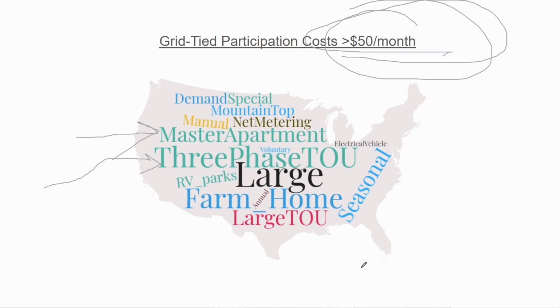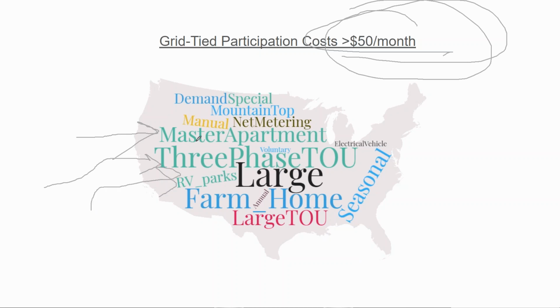Maybe you're a home machinist and you want 3-phase power into your house. Well, they're going to charge you a fixed fee that is more similar to a business or an industrial site than residential.